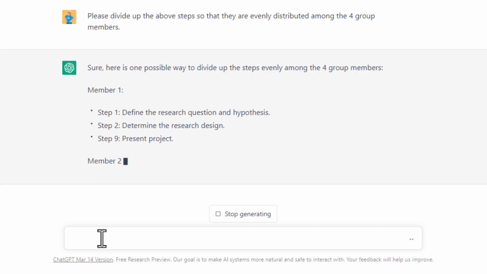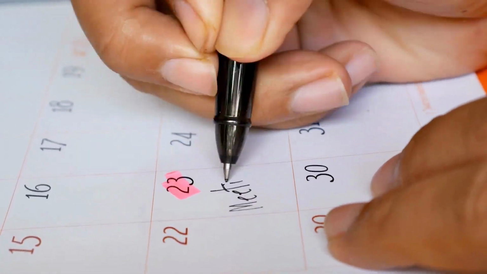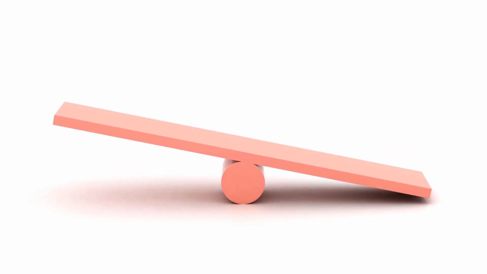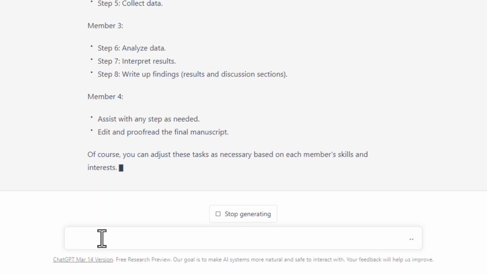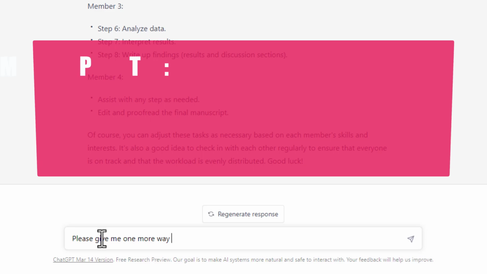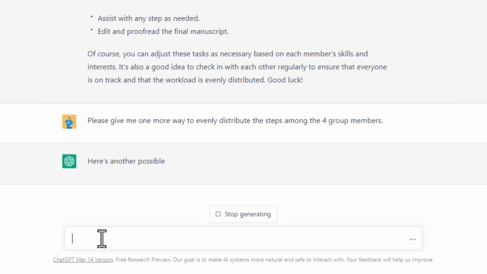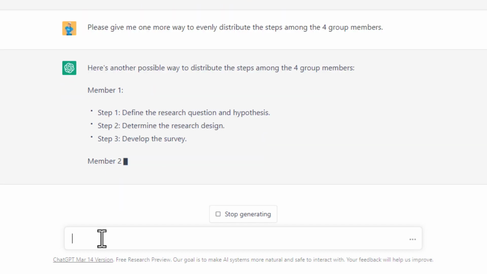You will then work as a group to shuffle things around so that first, everything is getting done, and second, things are relatively equitable. And of course, if you want a few possible ideas for task assignments, you can always ask ChatGPT to pop out another option.